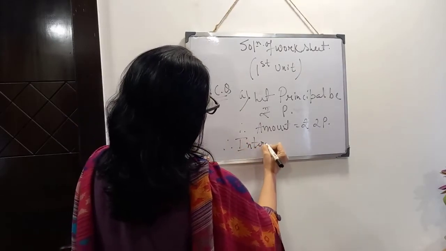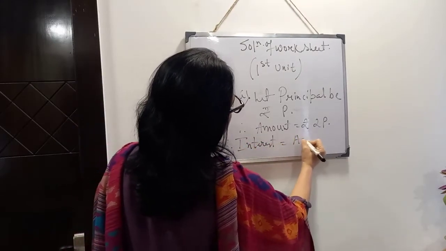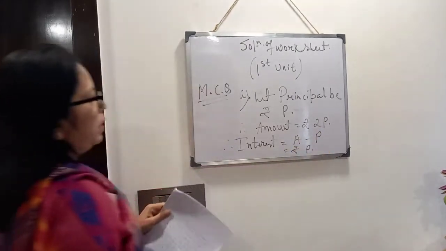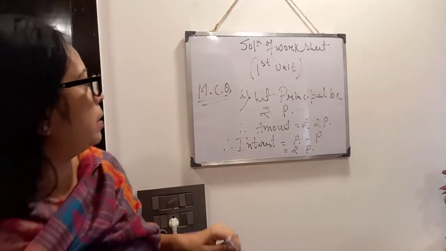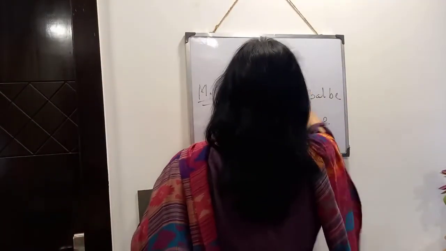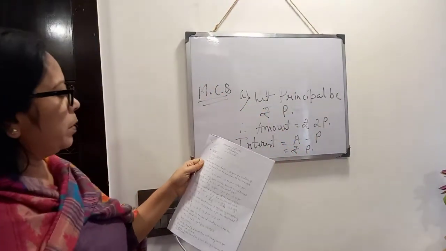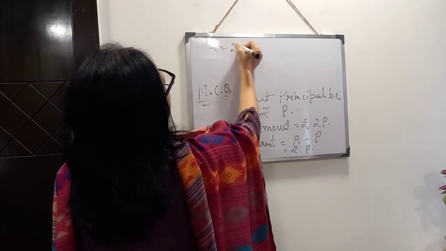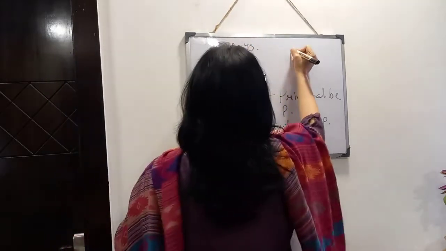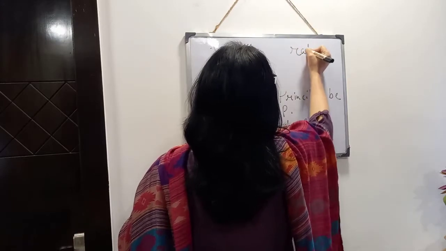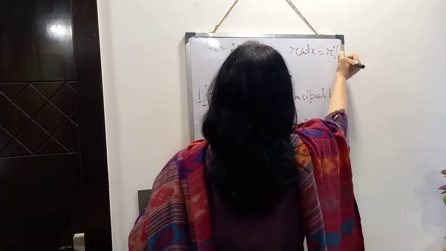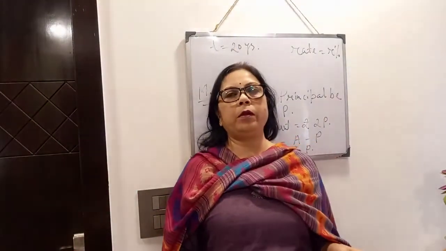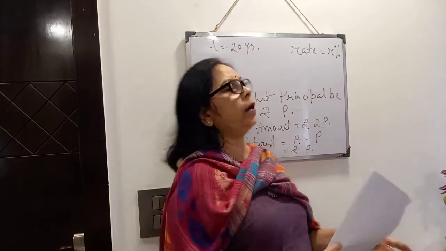Interest is amount minus principal, so it is coming rupees P. And time is given 20 years. And rate, we will consider rate be R% per annum. Clear? So, you know what formula you have to apply here?